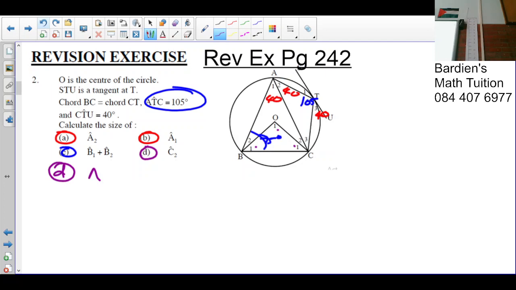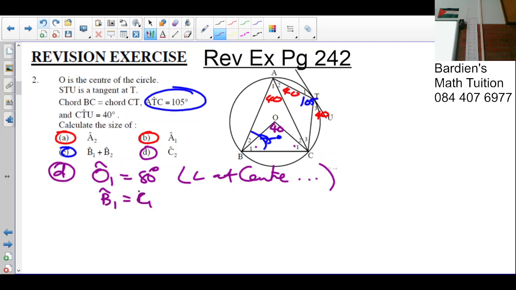Angle O1 is going to be 2 times 40, which is 80 degrees. Angle at center is twice angle at circumference. So this is 40 degrees. Angle B1 is equal to angle C1. Why? Angles opposite equal sides, your radii.